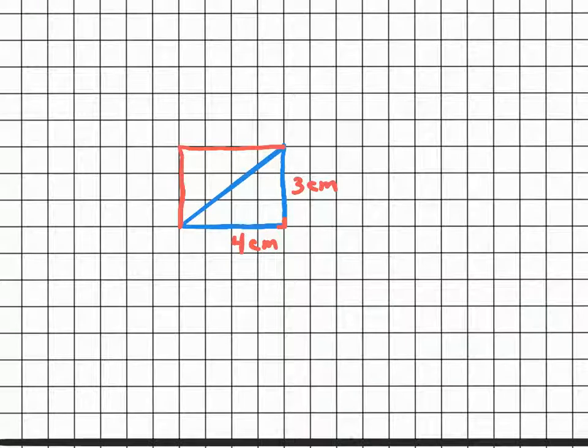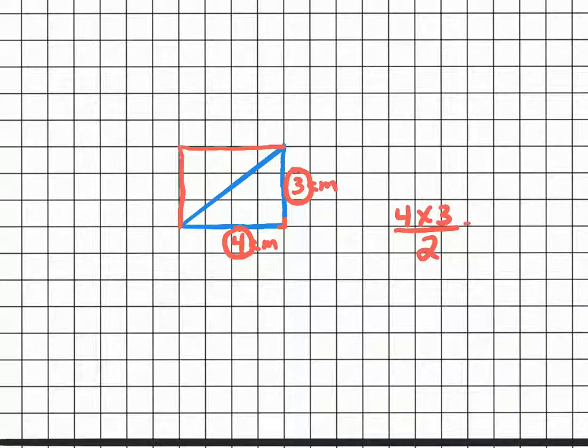Well, when I take a look at that triangle, I see that that triangle is exactly half the size of that rectangle. So in order to find the area of this triangle, I just need to multiply, once again, the base times the height, but whatever I get, I need to divide it by 2.